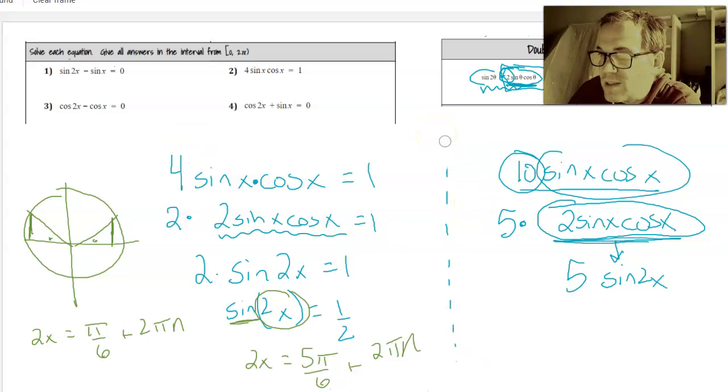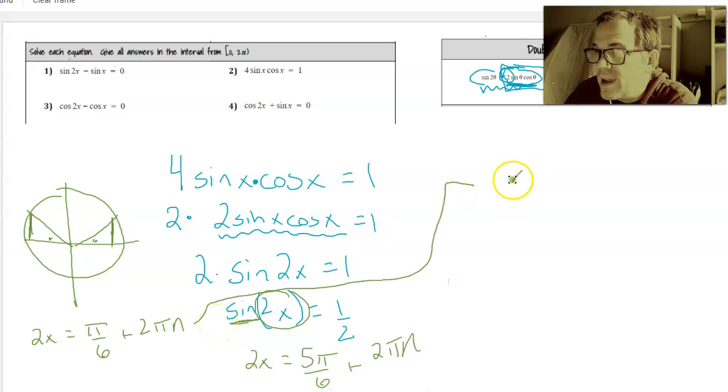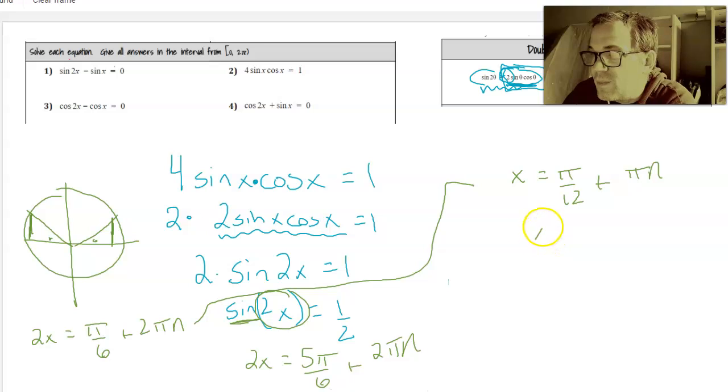So that means, and I'm so sorry for all the sloppiness here, let me try and give myself some space to work. If I take this guy, I have x equals pi over 12 plus pi n. And that would give me x equals pi plus 12 pi n over 12.